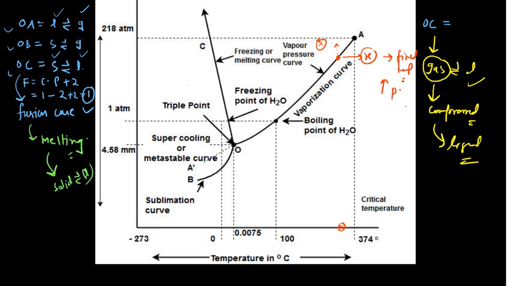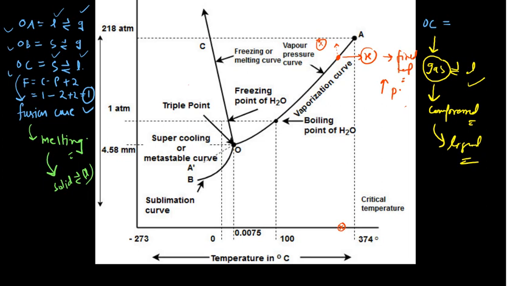Or, since the degrees of freedom is 1 in that case, you can go the other way also. You fix the pressure and now decrease the temperature.